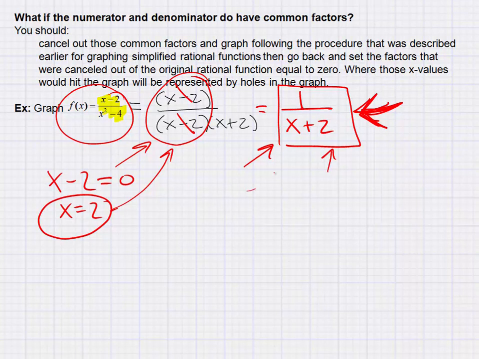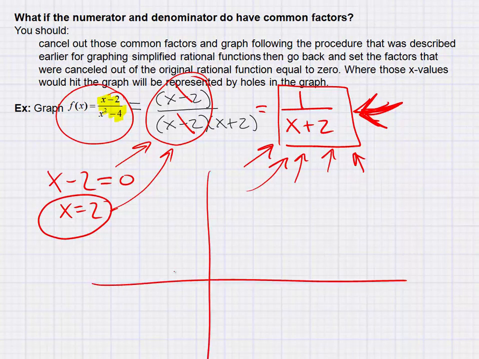So I'm going to look at the final graph that I came up with for this function. If I just draw it real quick, it's going to have a vertical asymptote at x equals -2, a horizontal asymptote at the x-axis, and it's going to look something like this.